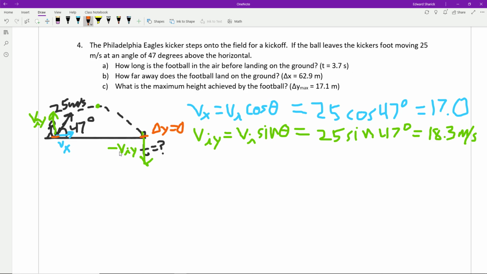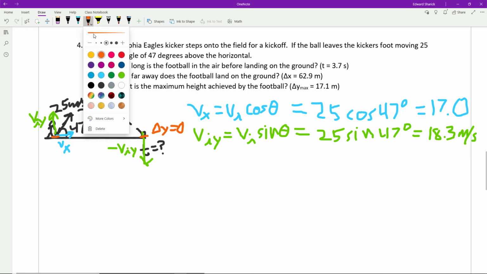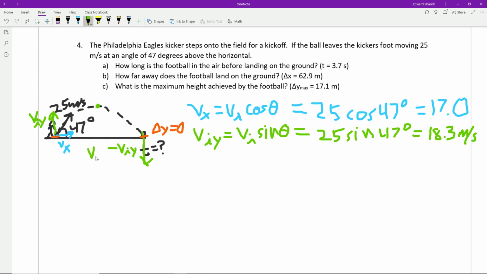All right. So I either use negative VIY for my V final, or I use delta y equals 0. One of those two is what I need to solve this problem. And what I'm looking for is time. And so I'm just going to use the equation. I'm going to use this one here.